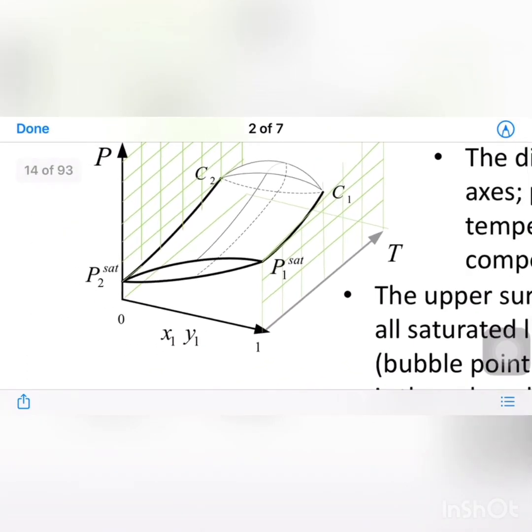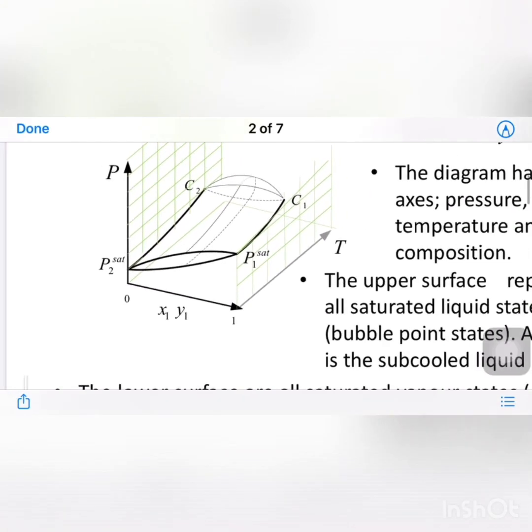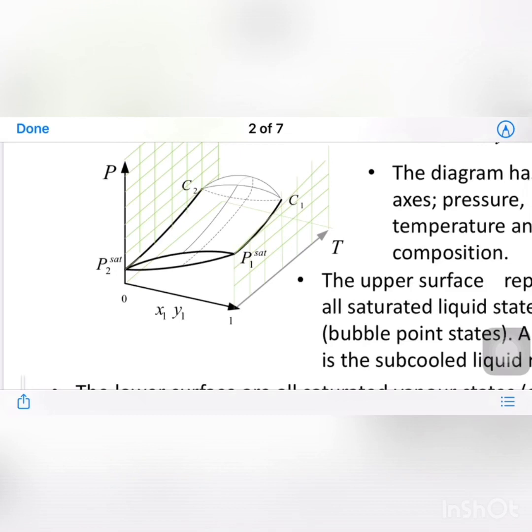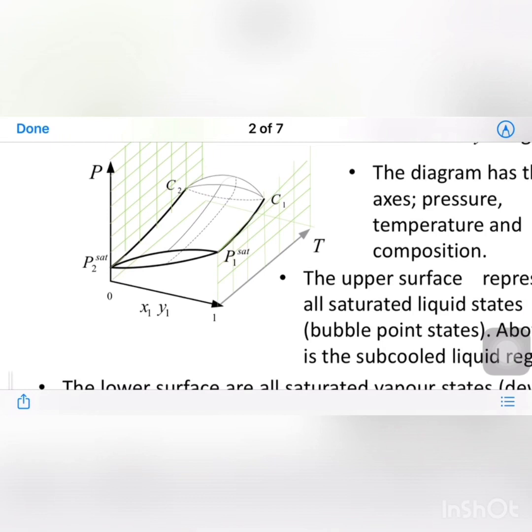Here we have the upper surface. The upper surface, between P2C2 and P1C1, is related to saturated liquid or the bubble point surface, and the lower surface is related to saturated vapor, and we call it the dew point surface.